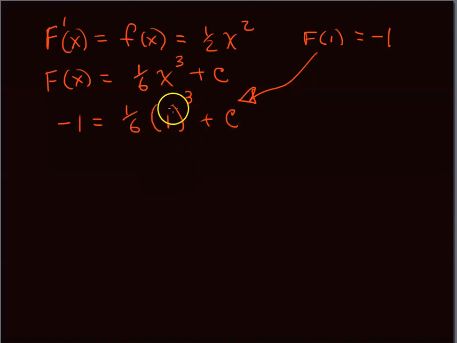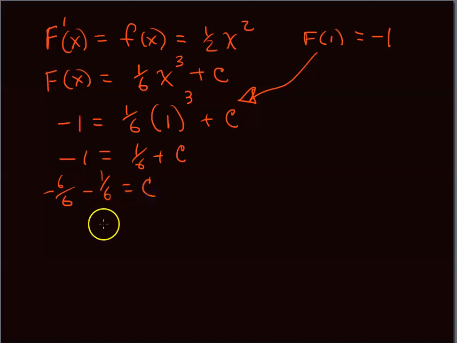Well, it doesn't matter whether you cube it or take it to the 300th power. This is just 1/6. So -1 is 1/6 plus c. Subtract 1/6 from both sides. Well, that's -6/6 minus 1/6, so c must be -7/6.